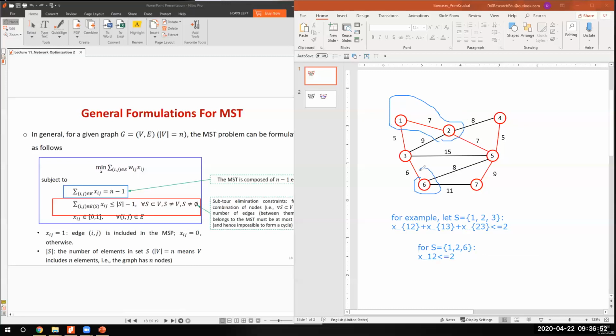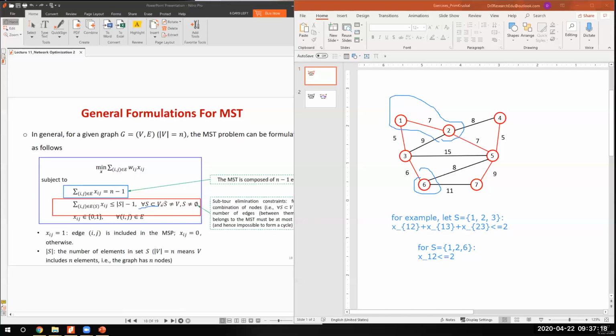You do not have any edges connecting nodes 1 and 6, or nodes 2 and 6. The only edge included in this subgraph is 1, 2. And so you're going to have x_1,2 less than or equal to 2. See the point here?